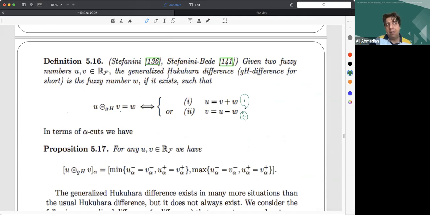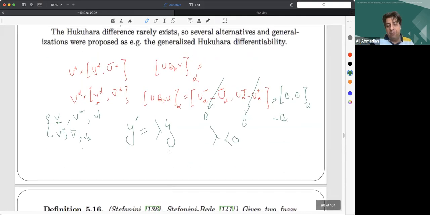To make it clear, this is for multiplication, okay?